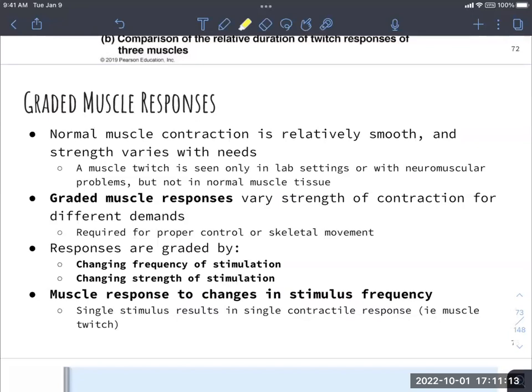So those different grades of responses are either due to the changing frequency of the stimulation or the strength of the stimulation. But our muscles technically respond to changes in stimulus frequency.